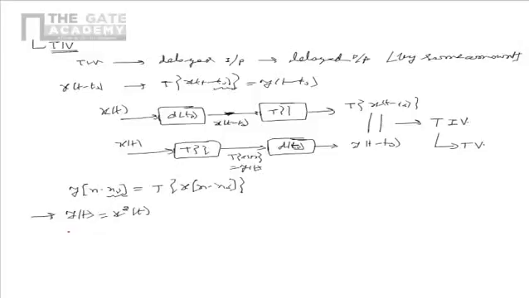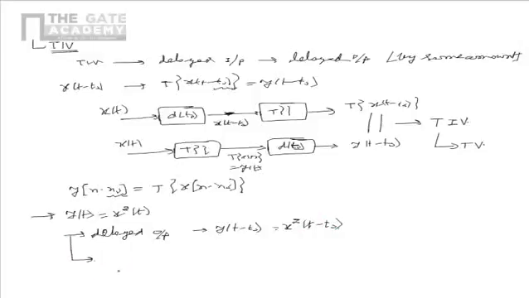In this case, the delayed version of the output is given as y of t minus t naught equal to x square of t minus t naught. This is by replacing t by t minus t naught.